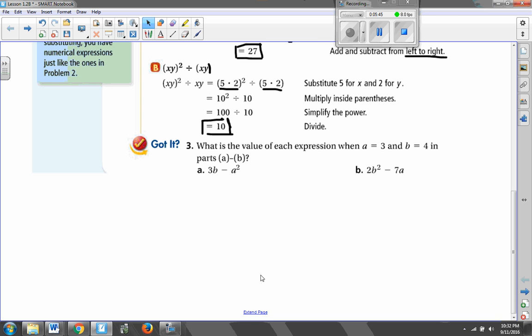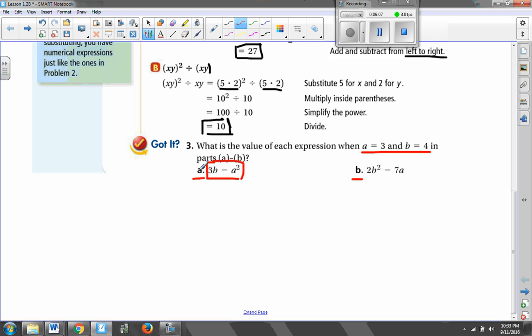I would like you to try a couple. I have 2 expressions here for you, letter A and letter B, and I would like A to equal 3 and B to equal 4. In each expression, instead of an A, put a 3, and instead of a B, put a 4.